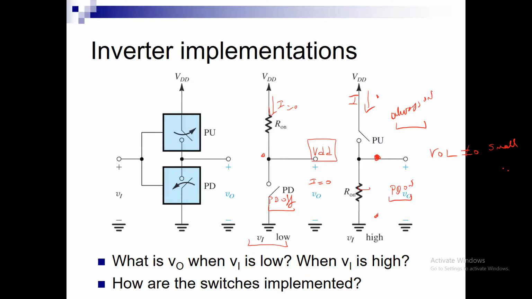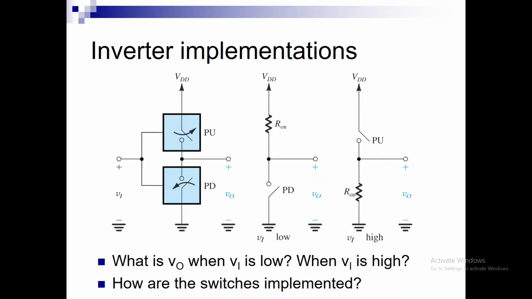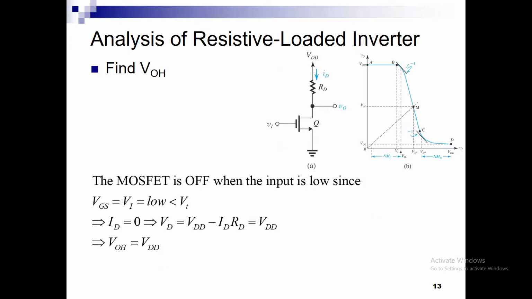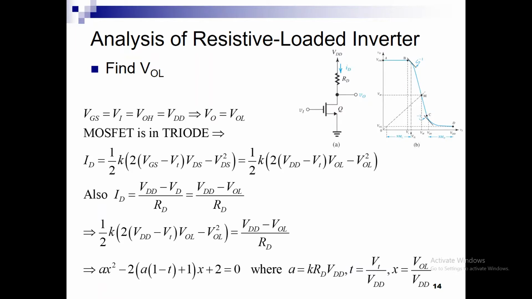Okay, so let us then revisit now, in the context of the resistor-based inverter, the case when the input was high. When the input was high, the NMOS device was on, and so there was a current, where ID equals IR, it was different from zero, and we used this to solve for VOL.